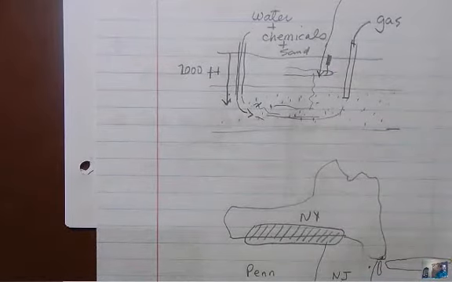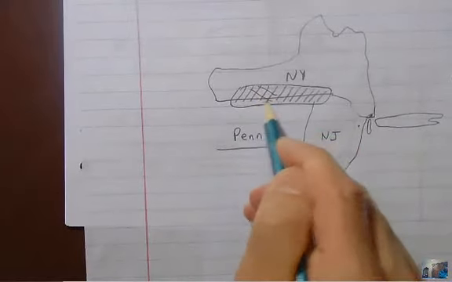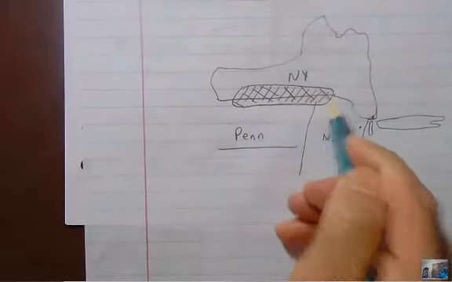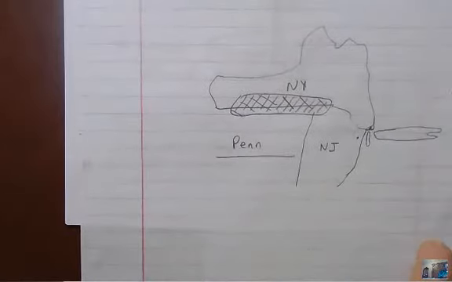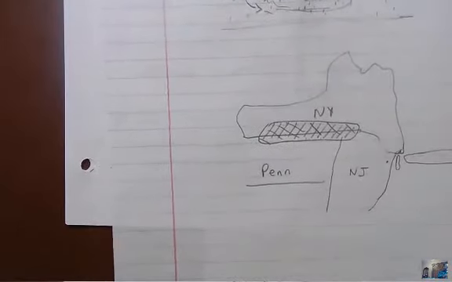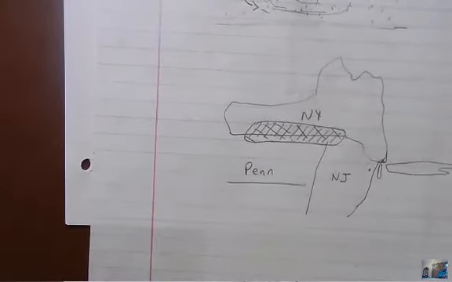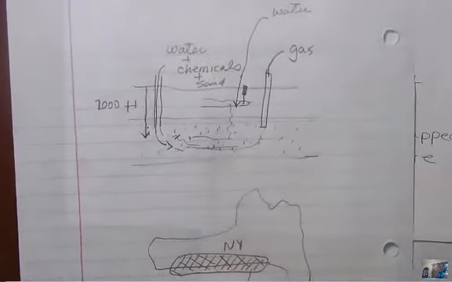Okay, but this shale does exist. It contains a huge amount of natural gas that can at some point be extracted if we need to get it. It's expensive. It's controversial because of the environmental damage it may do.